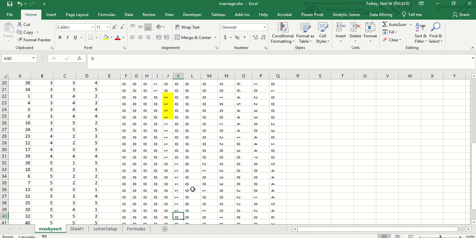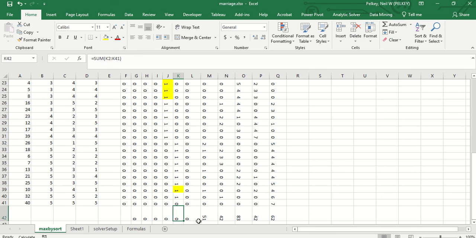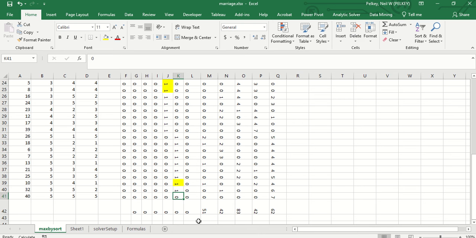But this 5 is a double 5, so we're going to give it a 1 and go back up there. Make that yellow because it probably shouldn't be in there. It's not the highest value.